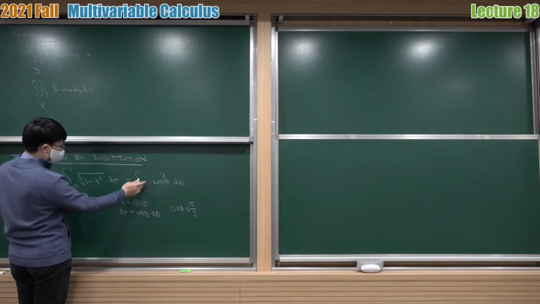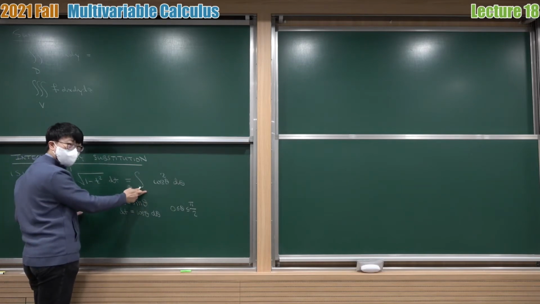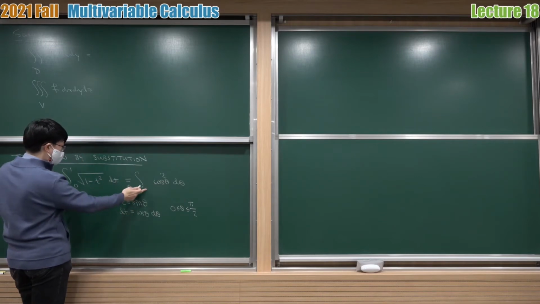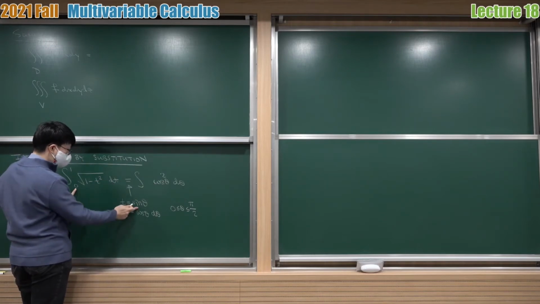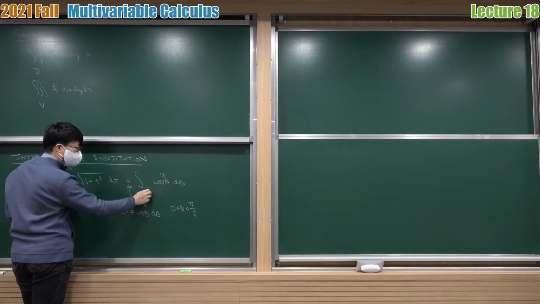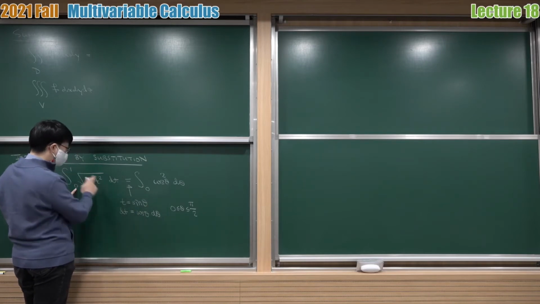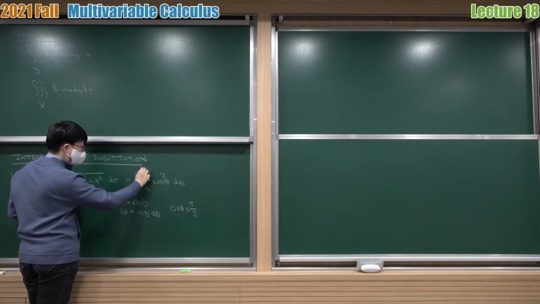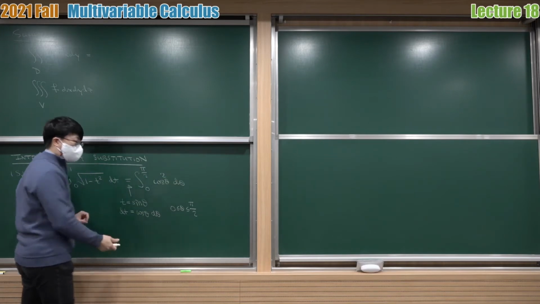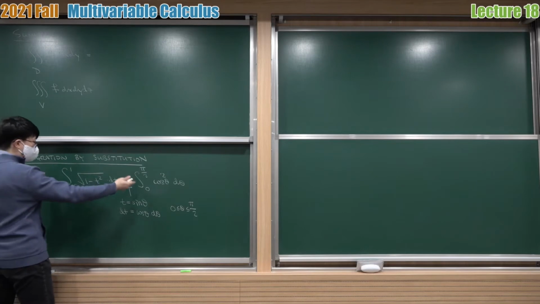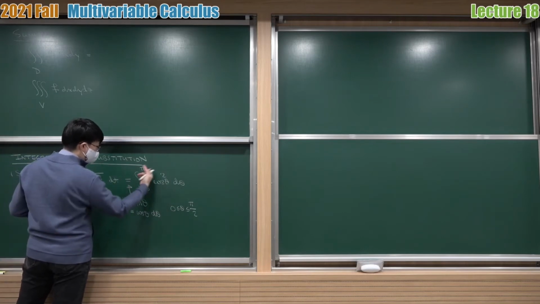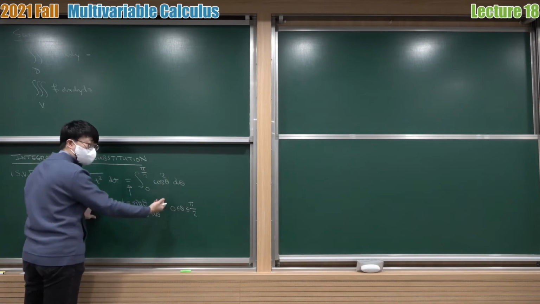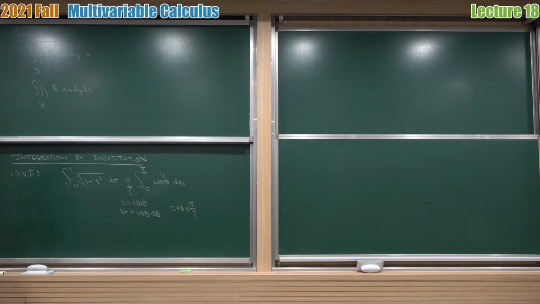And you have to change the limits of the integration variable. When t is 0, you take theta to be 0, and to make t equal to 1, you take pi over 2. So you now change the integral to something that you can actually compute by hand.